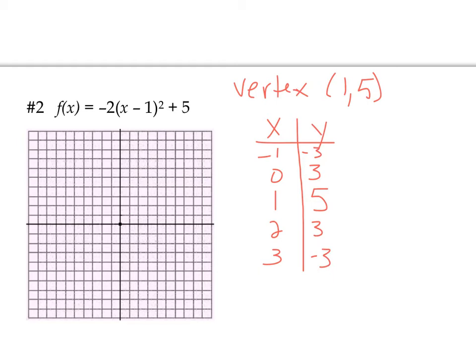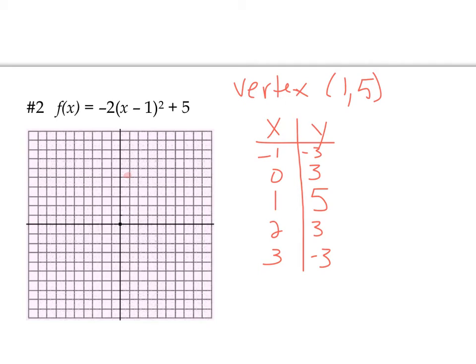You can try those, make sure those calculations are coming out, and you should see that on either side of the vertex, our values are the same. So we can graph these points now. So we'd have 1, 5 as the vertex.